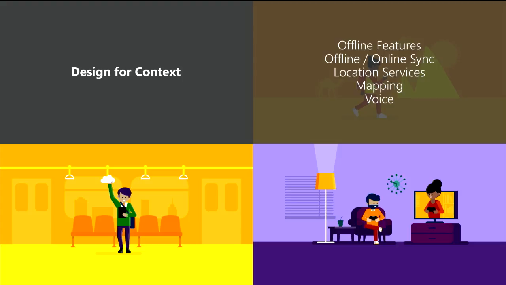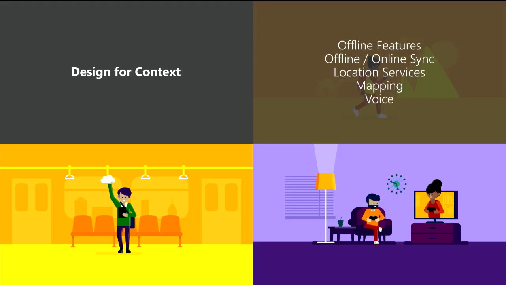So you're going to want to make sure that your application, if the user is expected to use that application in that environment, has good offline functionality. Nothing worse than opening up the app and having it say, oh, sorry, you're offline, no can-do-ski. Offline-online sync, of course. If you are working offline, once you do come back online, you want to make sure that you can sync. And then location services, of course, mapping, maybe voice. All of these things are available to you in that environment.